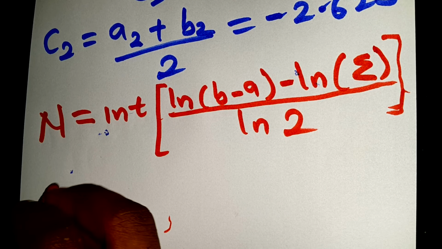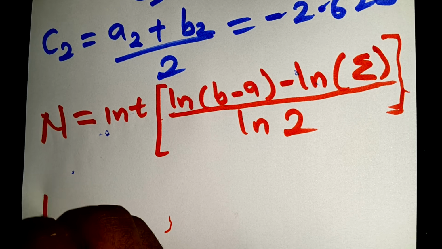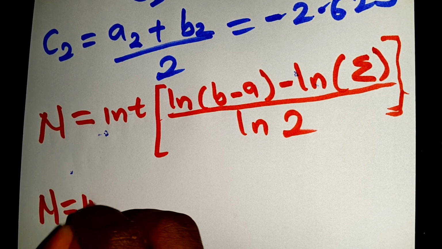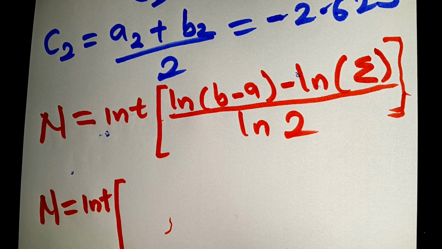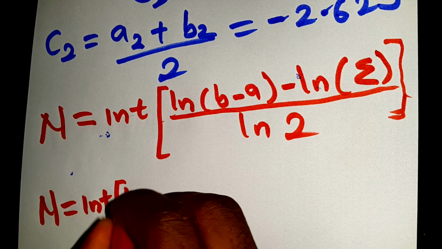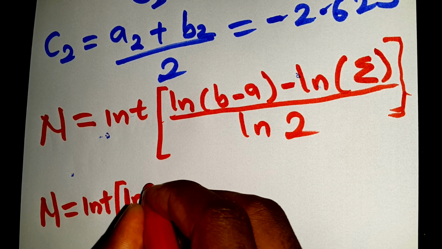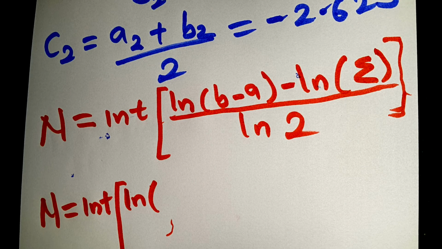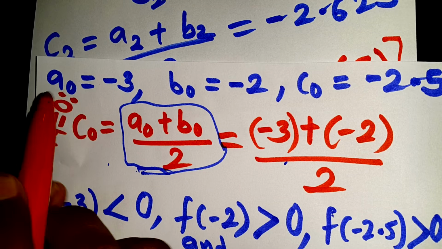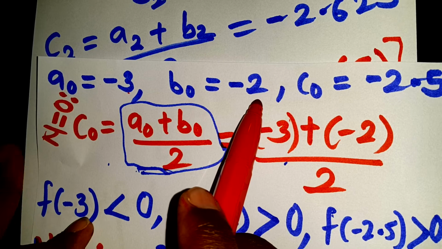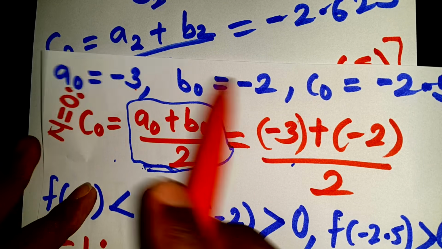Now let's use this formula to know where our iteration will stop. So n will be equal to integer ln. We choose the first interval we used, which was minus 3 and minus 2.